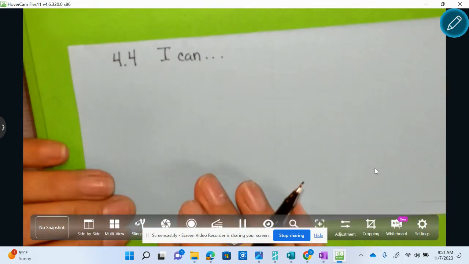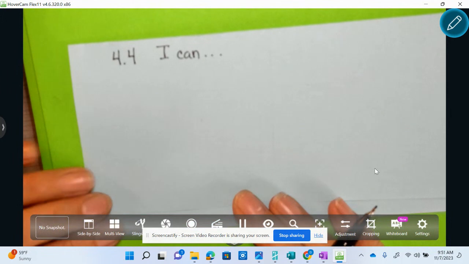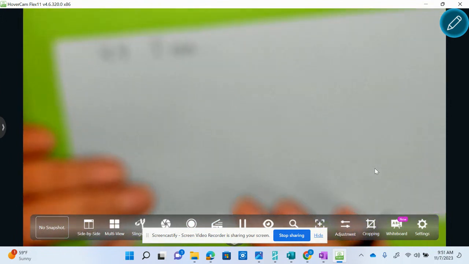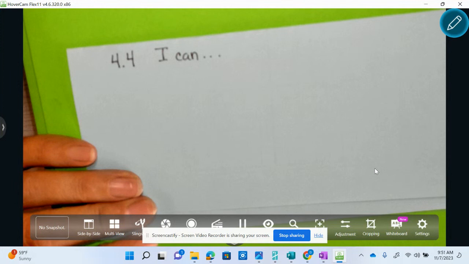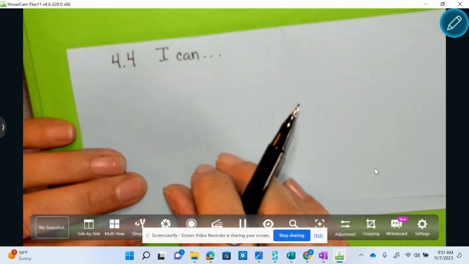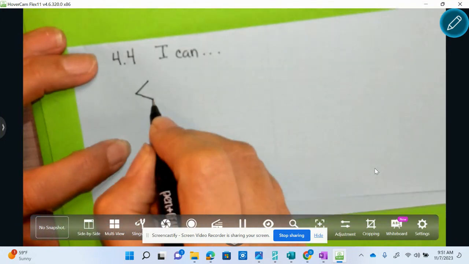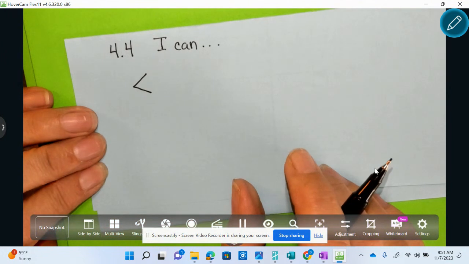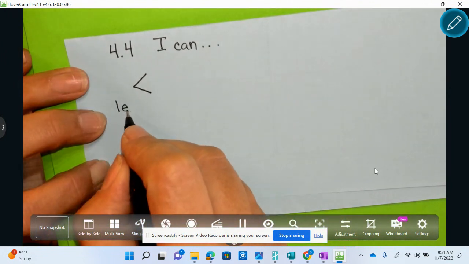The next thing that I want to do is I just want to remind you what the symbols are called, and I want to remind you what you do with each one of them. Okay. So the first symbol that I'm going to talk about is this one right here. Can someone tell me what that symbol is? Yeah, this is less than.